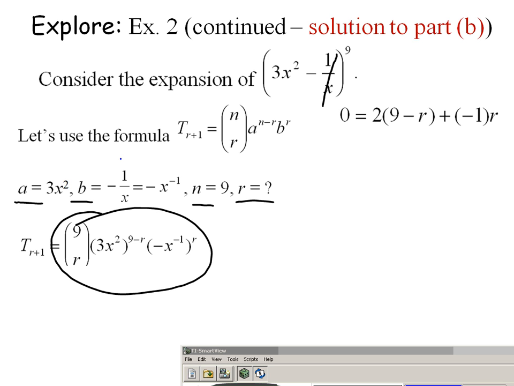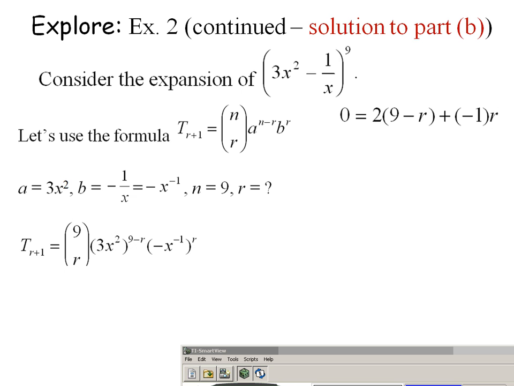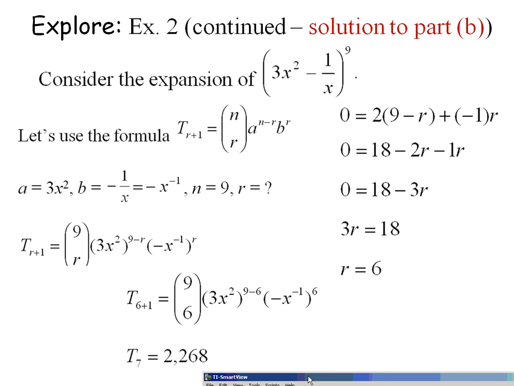We took the exponents of the x's, and we knew that we wanted to see those exponents cancel out, so there'd be no more x's left. So we wrote this equation right here. We did our algebra to get r equals 6, plugged it back into the calculator to end up with our answer of 2,268.